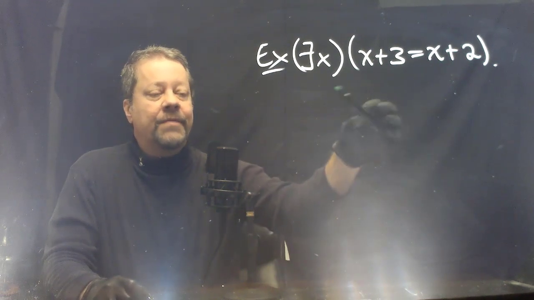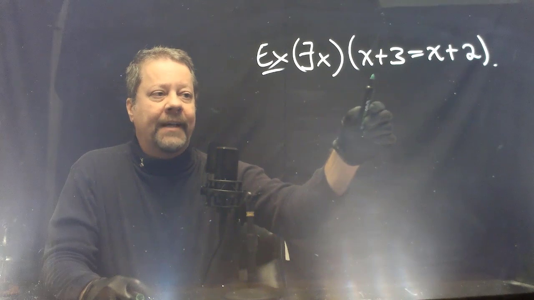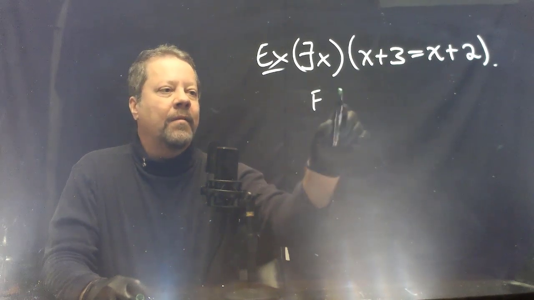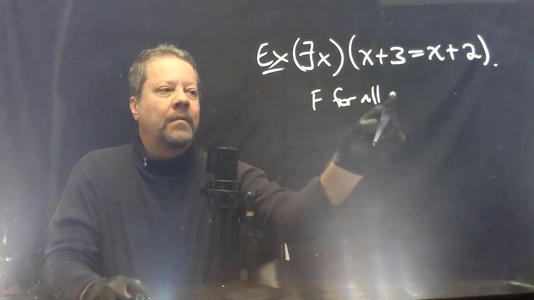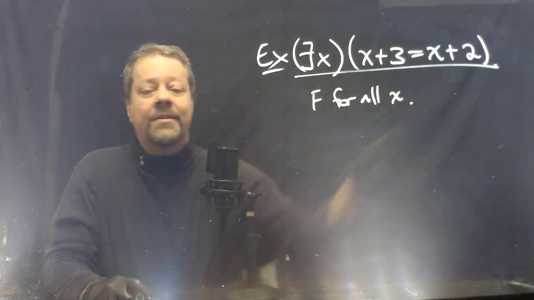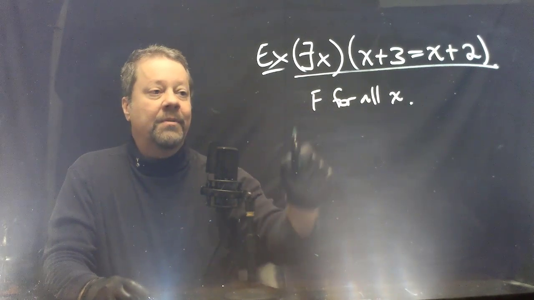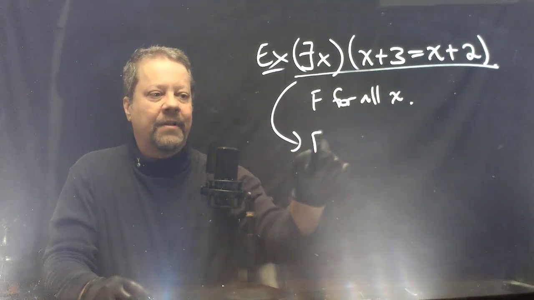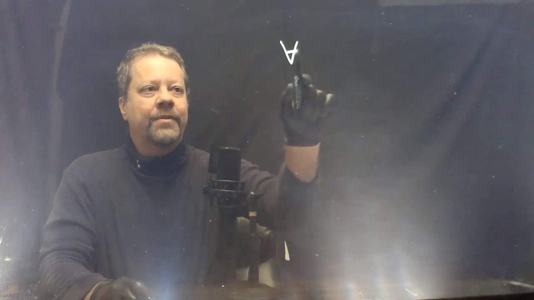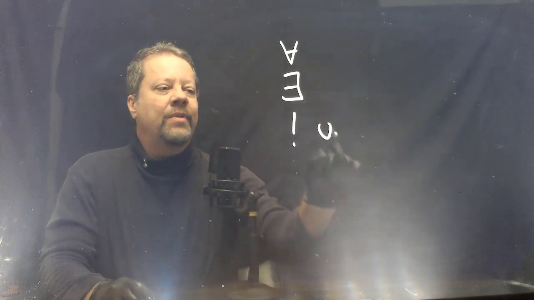So this equation is false for all values of x. That means there does not exist an x where x plus 3 equals x plus 2, so this proposition is false.